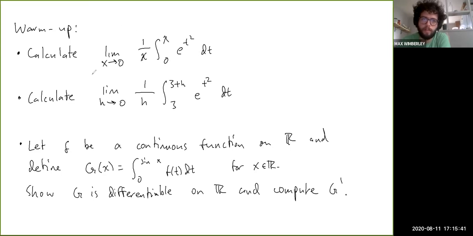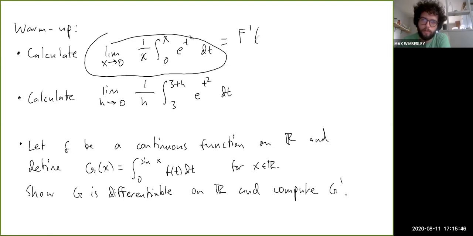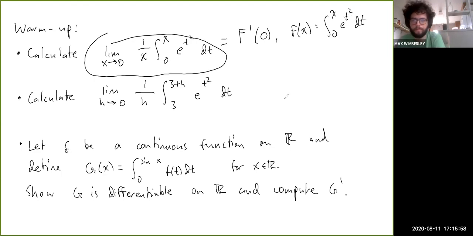Because this is like f prime of 0, where f of x is like the integral from 0 to x of e to the t squared dt, right? So just by definition, if you define f this way, then this expression is the definition of taking the derivative at 0 for this capital F, right?